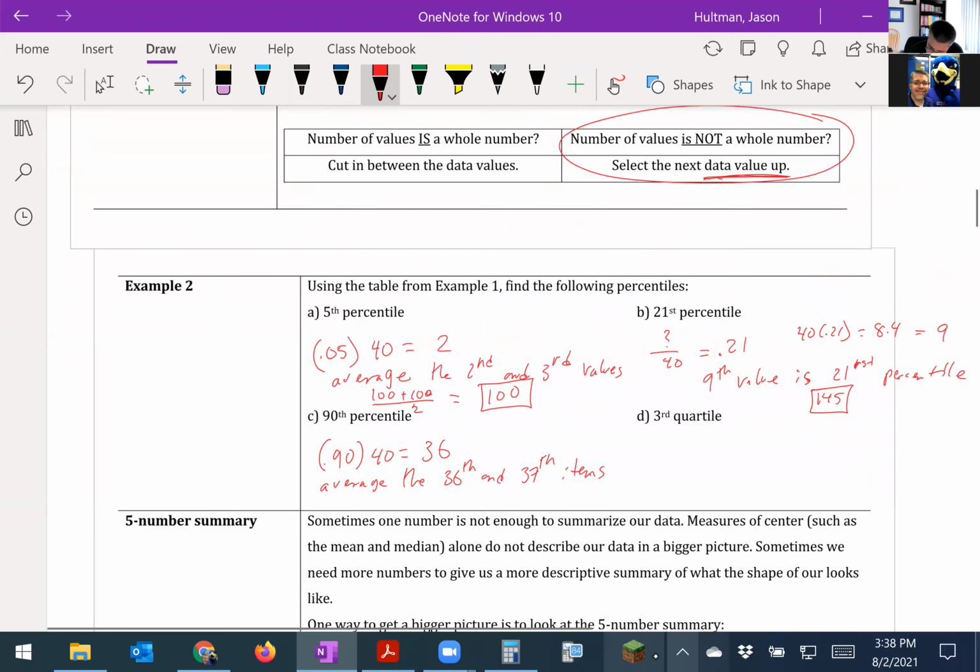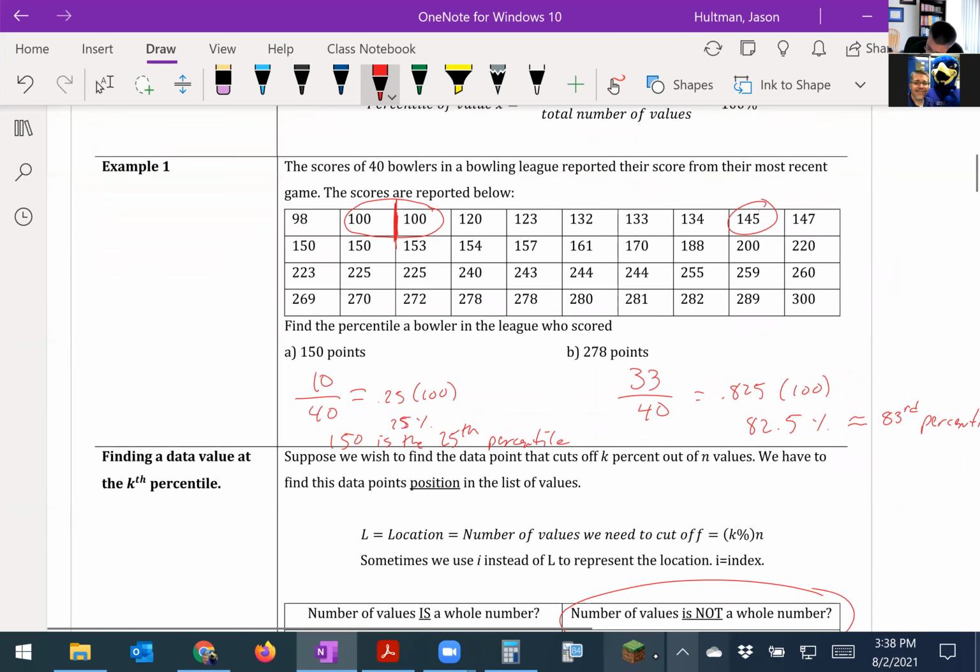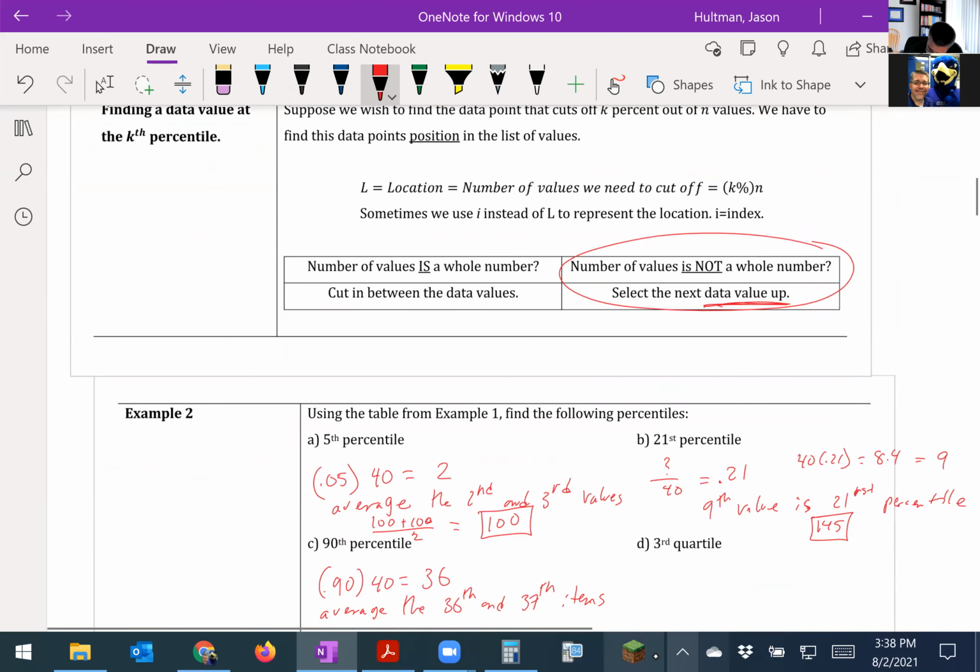So what's the 36th and 37th item? Well, going from the back, this would be 40, 39, 38, and 36 and 37 look like 280 and 281. That's the 36th and 37th item.